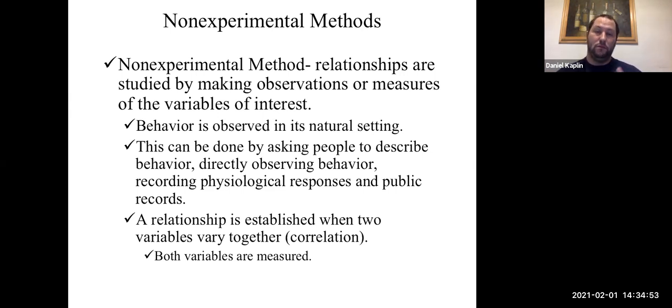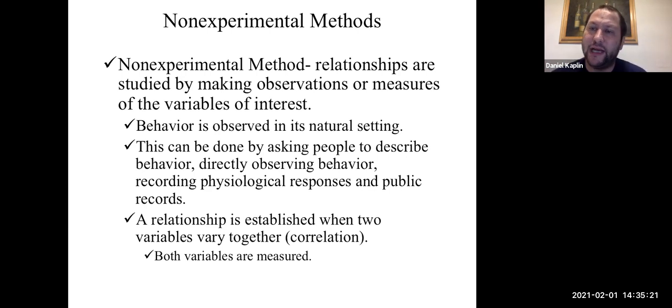So with a non-experimental method, you're not going to be able to determine cause and effect, but you can do other things as we will talk about. So in a non-experimental method, we're looking at the relationship of factors, and the stronger that relationship, the greater the correlation. That's the emphasis of correlation as a non-experimental method.